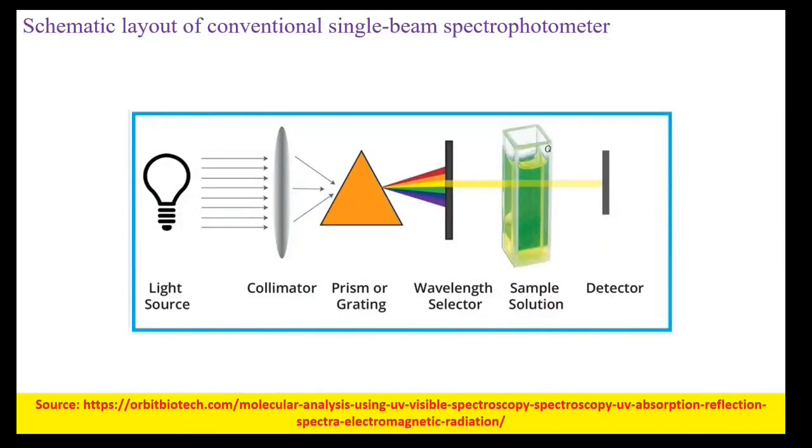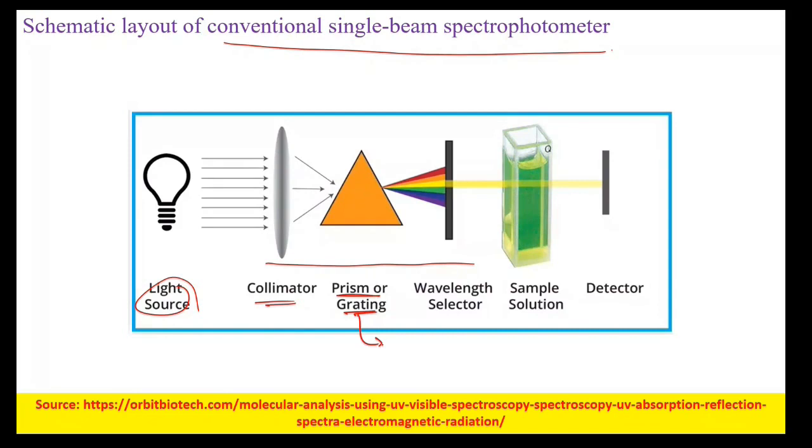So this is what we were talking about. This is the conventional single beam spectrophotometer. So we have the light source, then there is only one path, which we call the optical devices. In the optical devices, we have the collimator, then we have the prism or grating, which helps us in spectral decomposition, and then we have a wavelength selector.